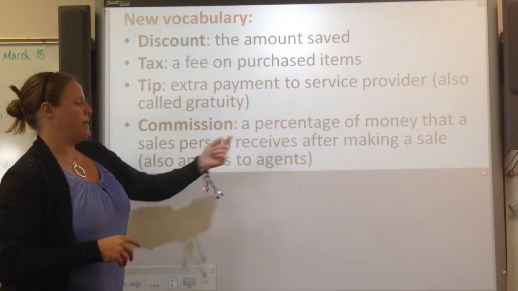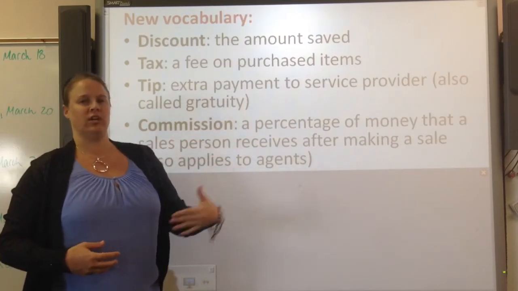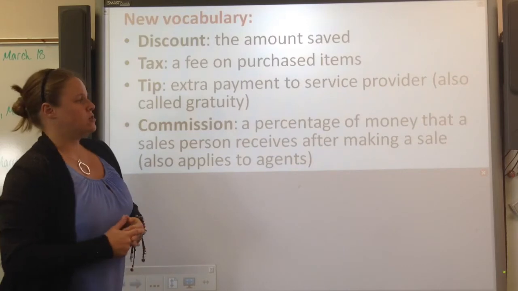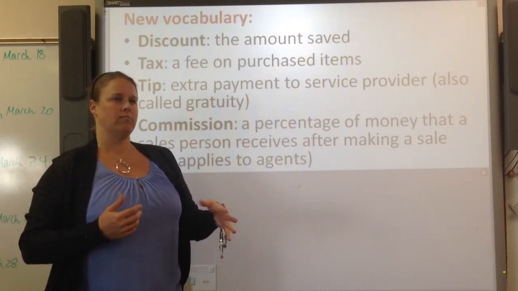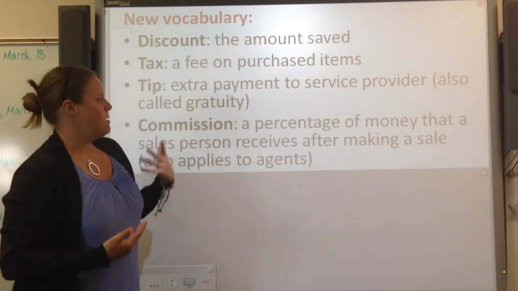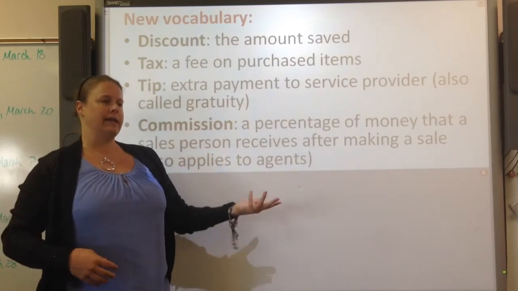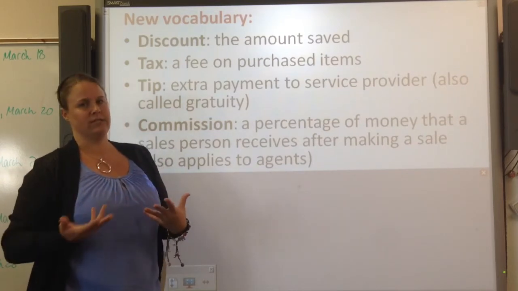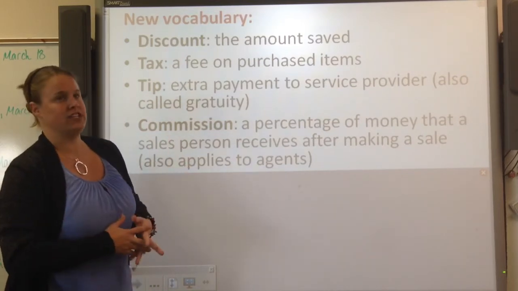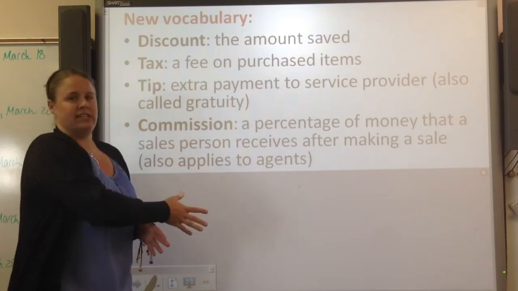Also, a lot of insurance agents get commission on what they sell you. Maybe at Best Buy, if the guy convinces you to buy a TV, he might get a certain portion of those sales added to his paycheck. And again, it's a percentage.